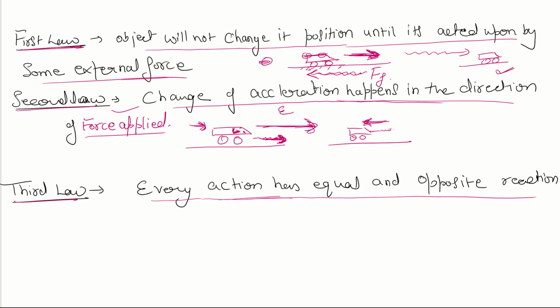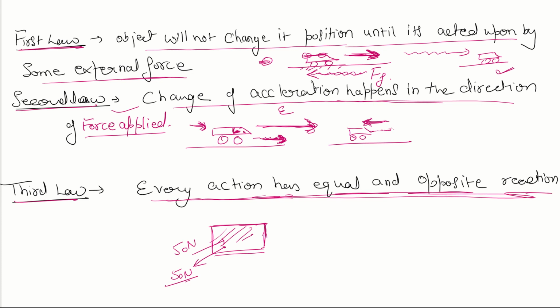Let's take a more scientific approach. If this is a wall, and I hit this wall with 50 newtons of force, although this wall is not alive, I'll feel the force. Why? Because I will feel an equal amount of force being applied back on me, which will be 50 newtons in the opposite direction. So every action has an equal and opposite reaction.